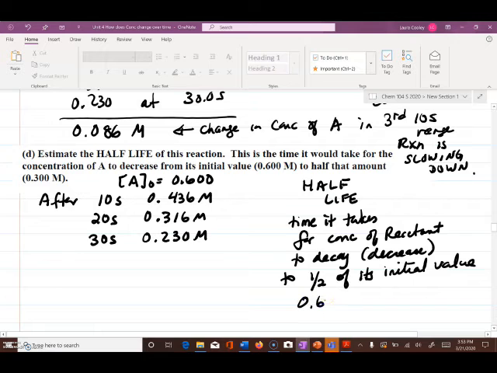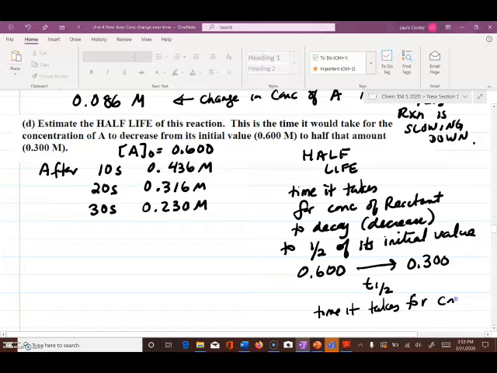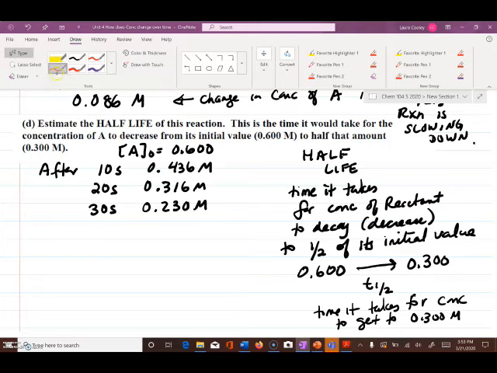So we started at 0.6. The half-life, which we often call T1/2, would be the time it takes for the concentration to get to 0.3. Okay, so you notice here that 0.3 is somewhere between 0.23 and 0.316, closer to the 20 seconds.